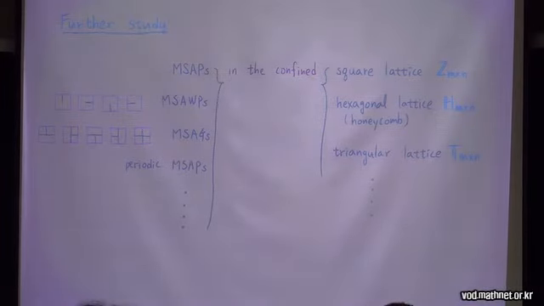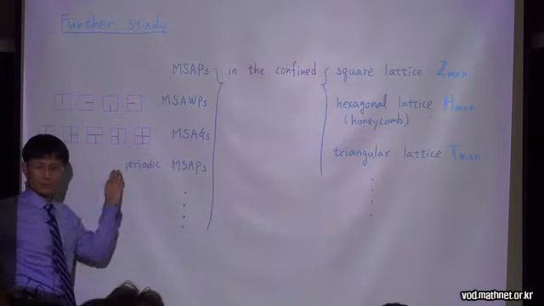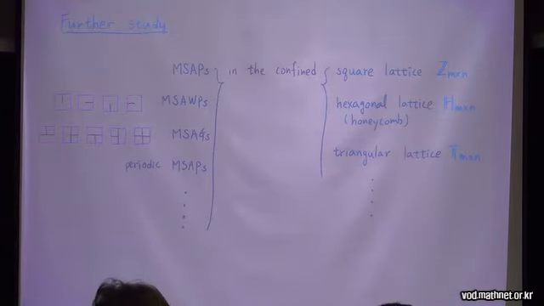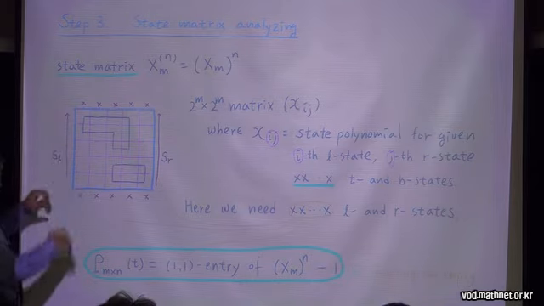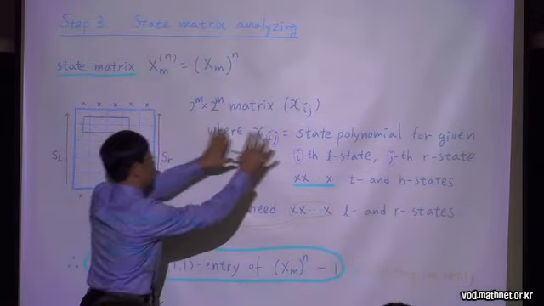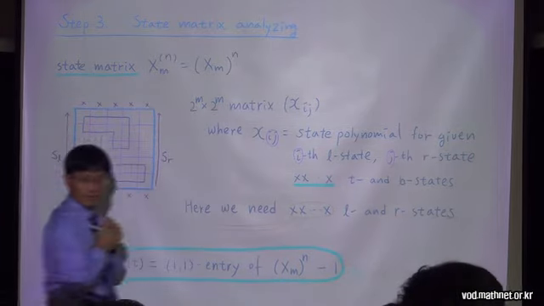Or maybe you can apply it to periodic multiple self-avoiding polygons. Periodic means on the infinite lattice we can move the exactly same mosaics, right?